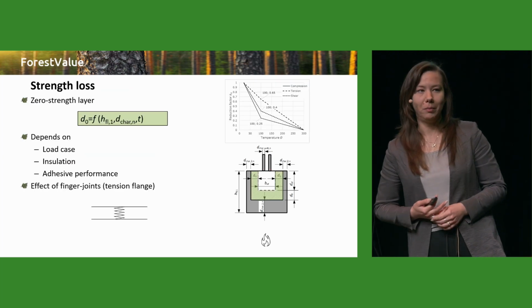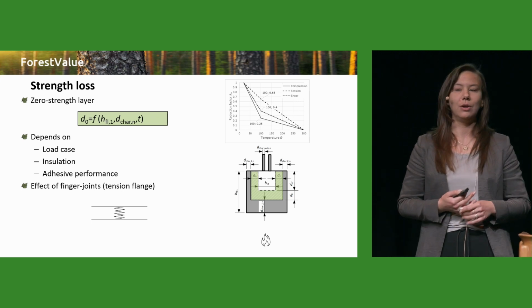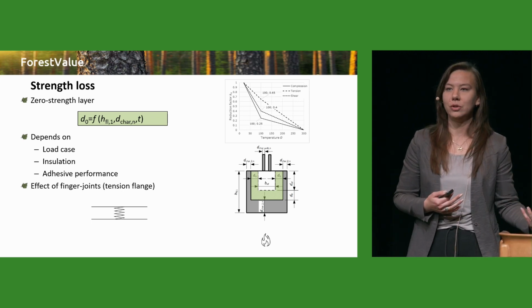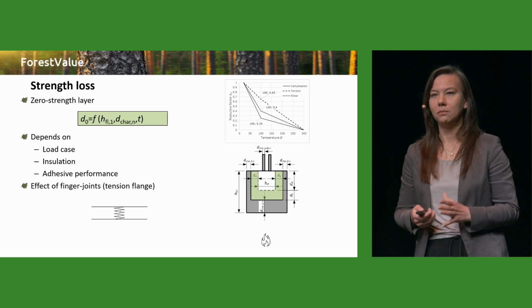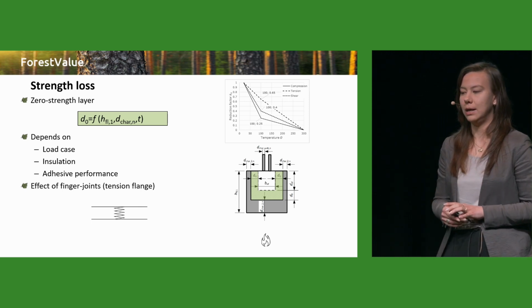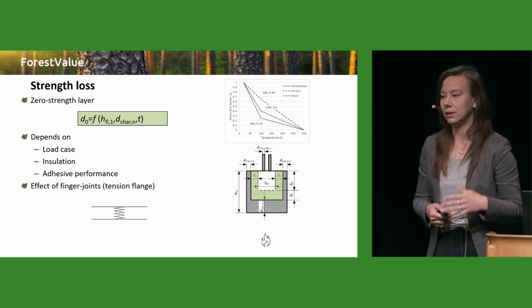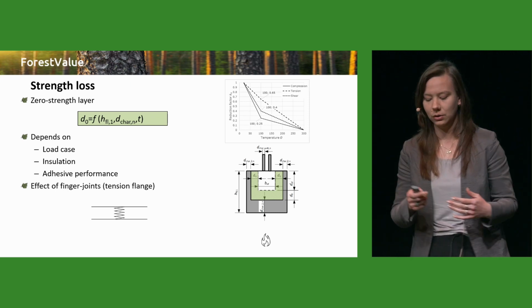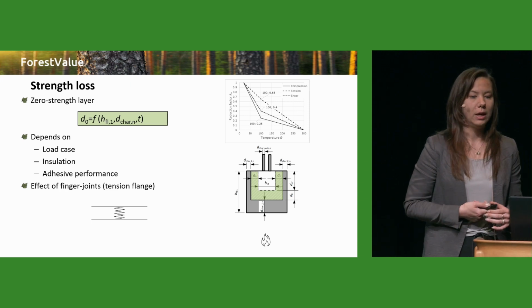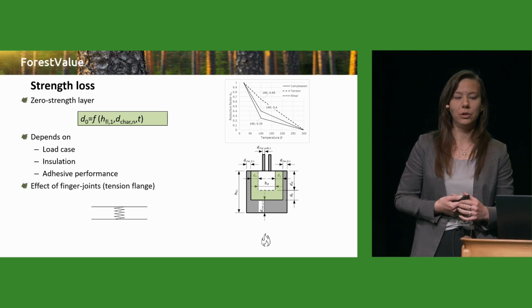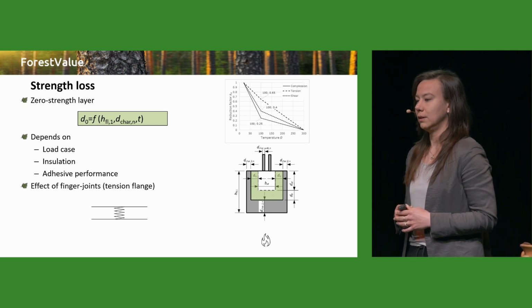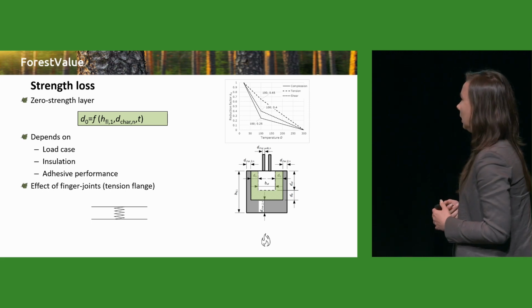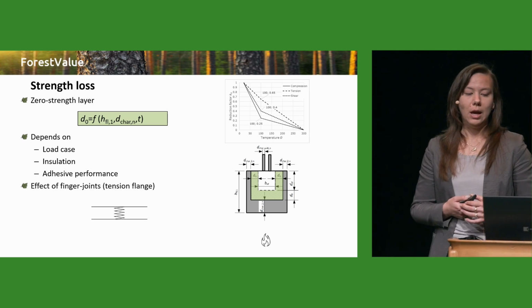Speaking about load-bearing capacity, in addition to the charring, we also have to consider that timber will reduce in strength and stiffness as the temperatures increase. That also happens before charring, as you can see on the top right-hand side. These are from Eurocode 5 part 1.2, the reduction factors for strength and stiffness properties depending on temperature.